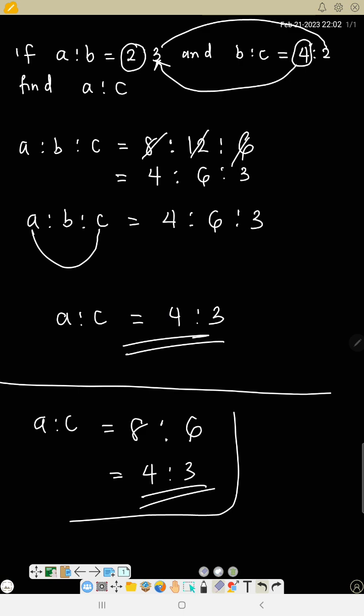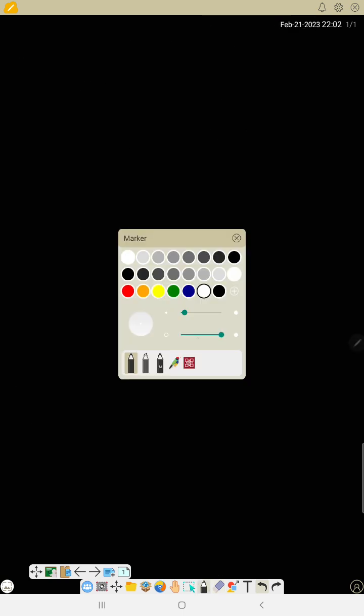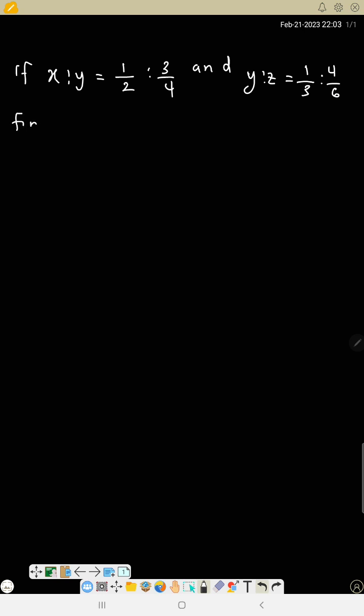So if the question is fraction, it's the same way. So let's say if S ratio Y equals 1 over 2 ratio 3 over 4 and Y ratio Z equals 1 over 3 ratio 4 over 6, find S ratio Z. So because it is S ratio Z, I don't need to solve everything.